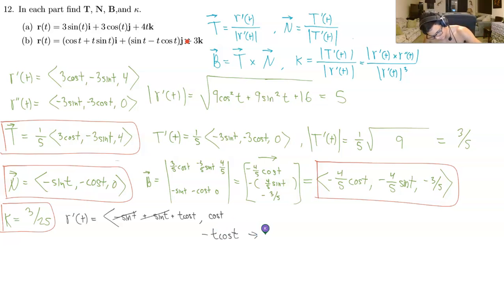Well, it turns into negative cosine t plus t times negative sine t, which, let's write it as t sine t minus cosine t.